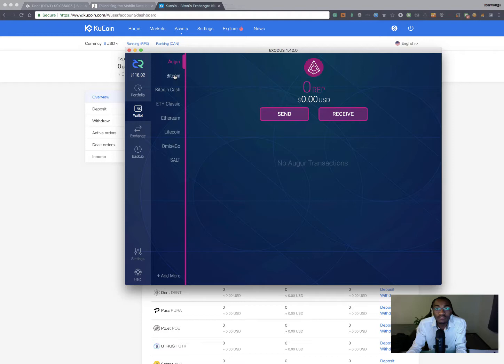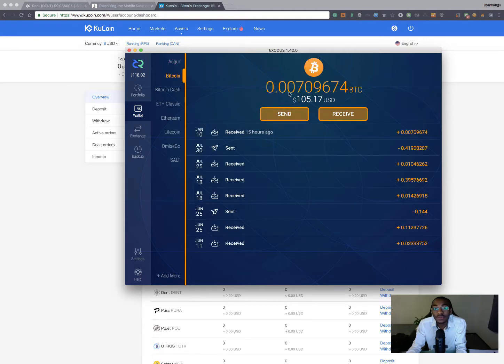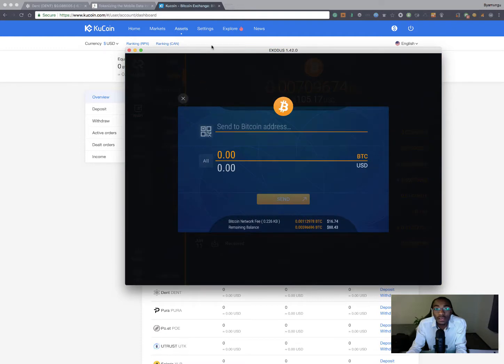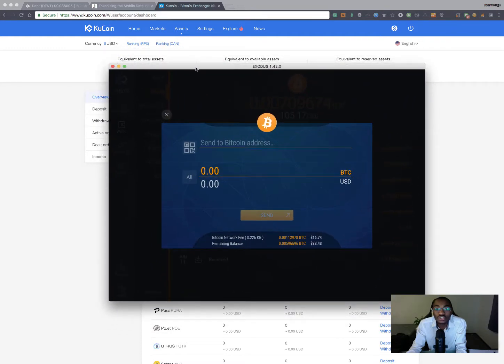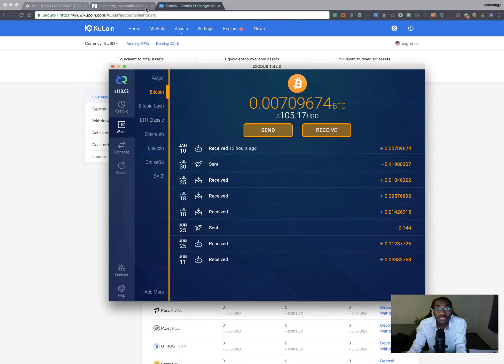For instance, if you want to send cryptocurrency like Bitcoin, you can use a cryptocurrency wallet like Exodus, which will show you how much you have to pay in fee. Here, I can see I will have to pay almost $16.74, almost $17, to send Bitcoin over the blockchain network to this exchange, Kucoin.